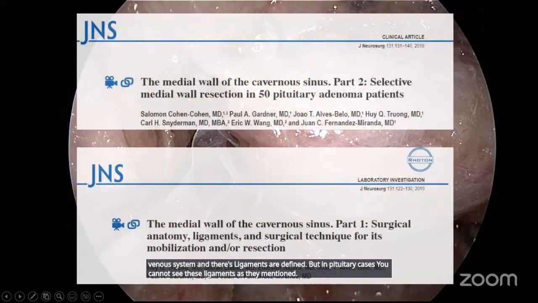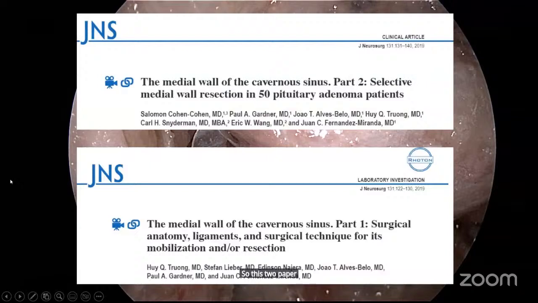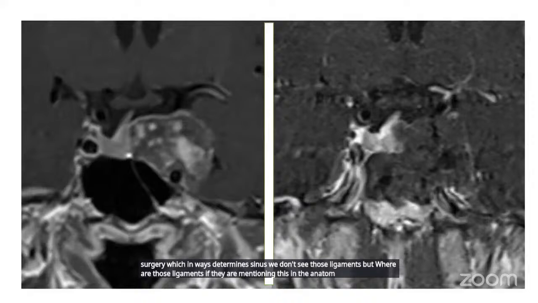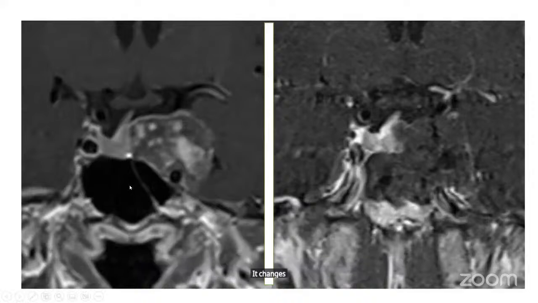These two papers on the medial wall of the cavernous sinus define the ligaments and their importance. But let's be honest, during a random pituitary surgery which invades the cavernous sinus, we don't see those ligaments. But where are those ligaments if they are mentioned in the anatomical study? So it changes according to the nature of the tumor.